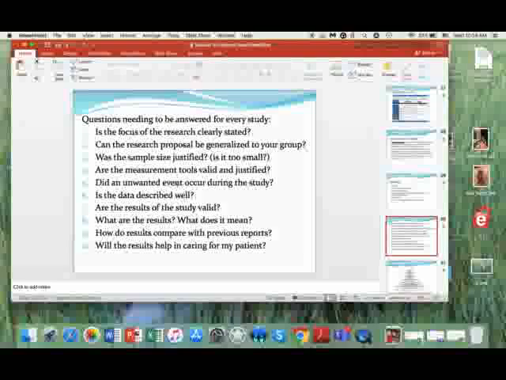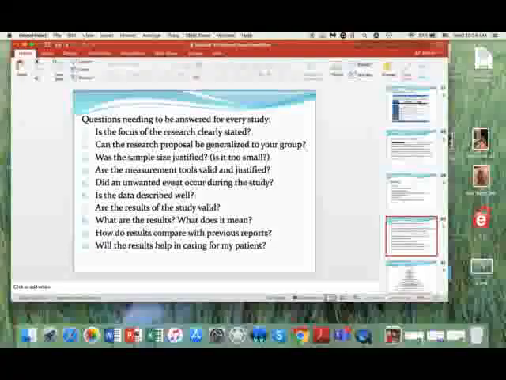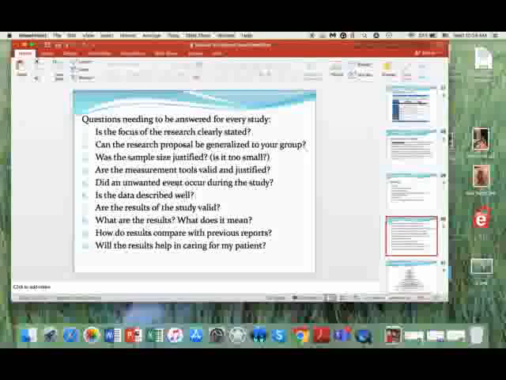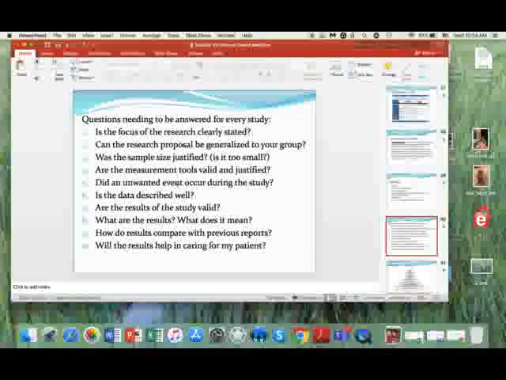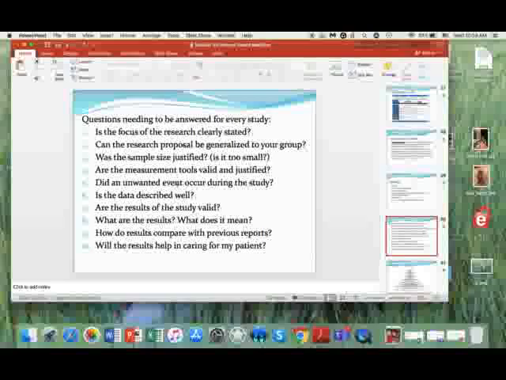That's a lot of patients to drop out of a study and it's going to make the study not valid anymore. We want to know, why did they drop out? Maybe there was something with the treatment that was giving them a side effect, and they just never reported it, and they never went back to get evaluated. That would be an unwanted event.